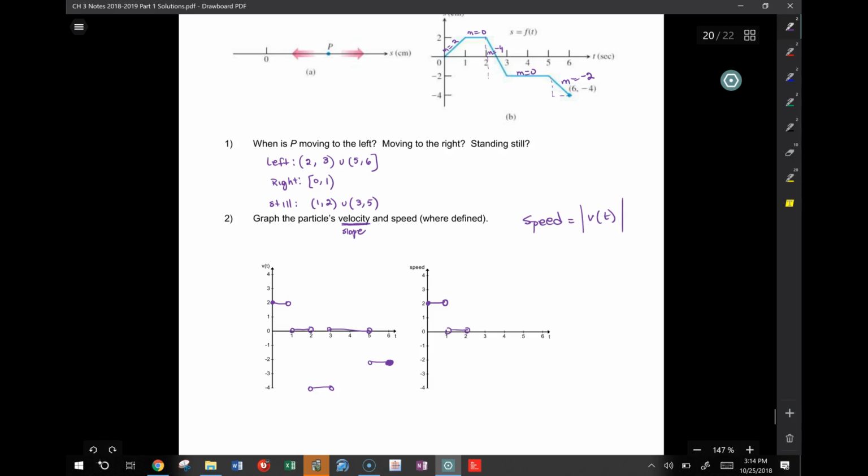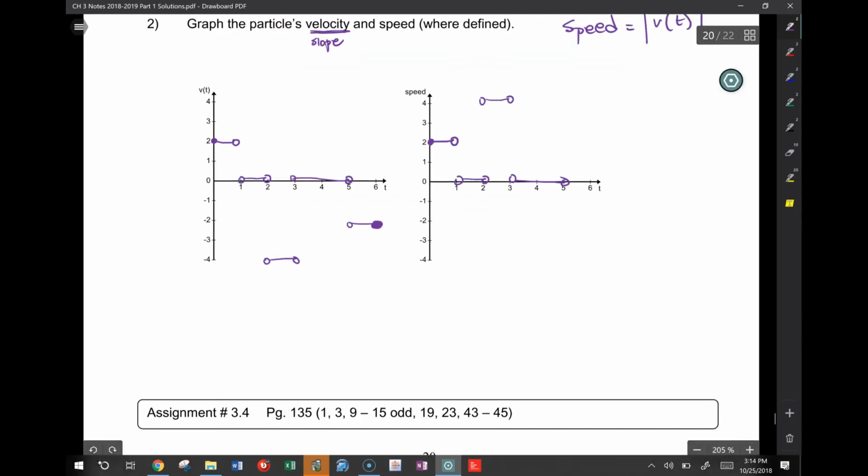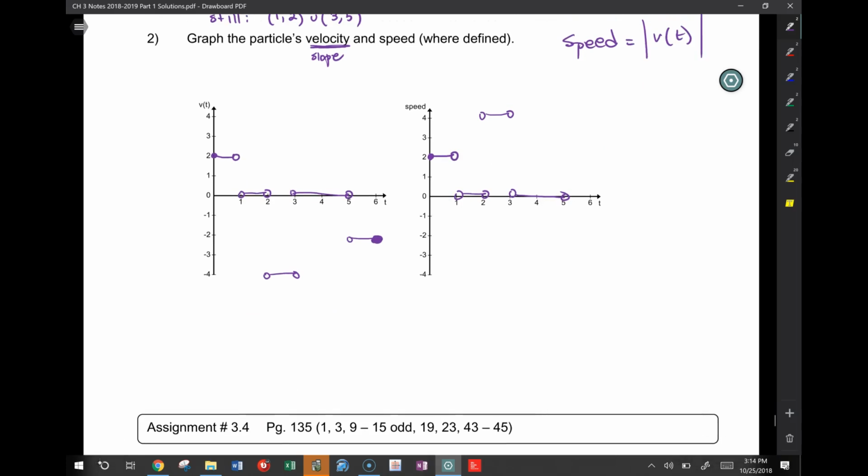Here, absolute value of negative 4 is 4. And then it's 0 from 3 to 5. And then the absolute value of the velocity here is positive 2.